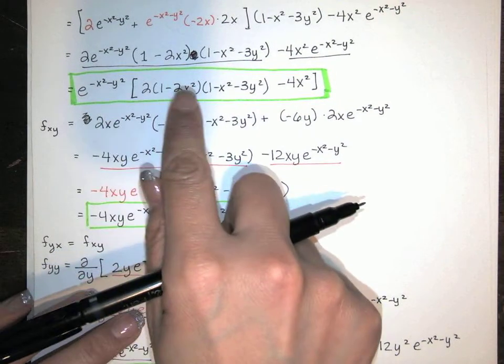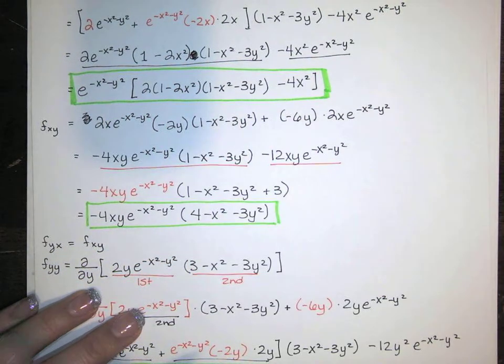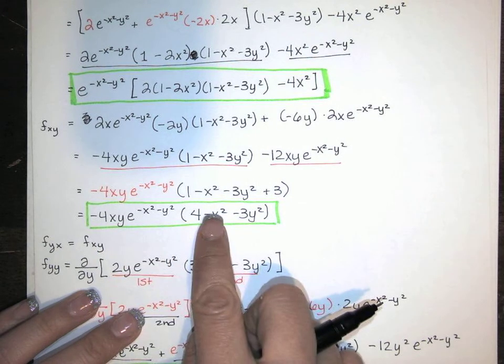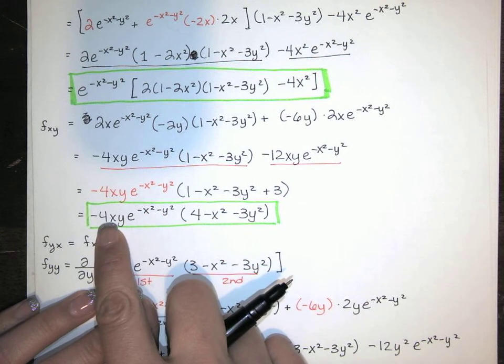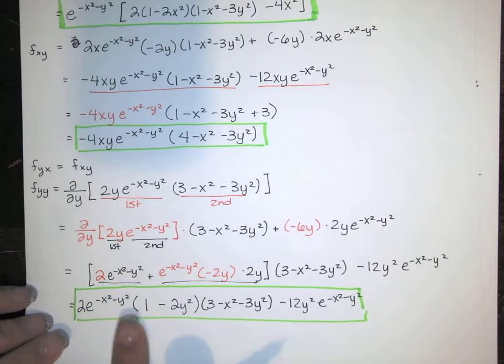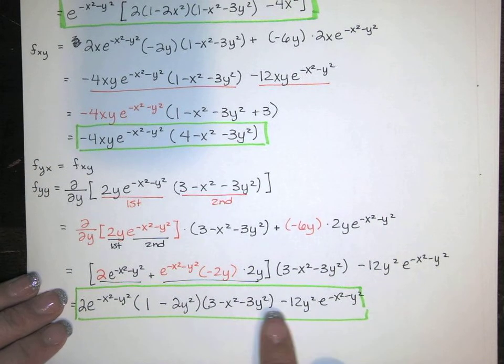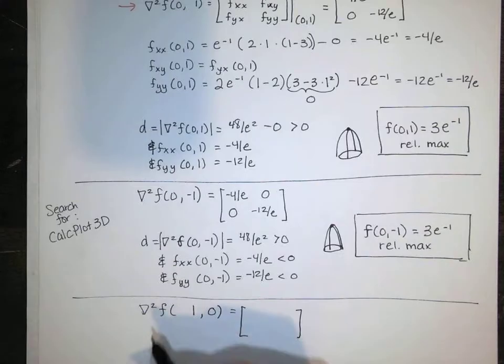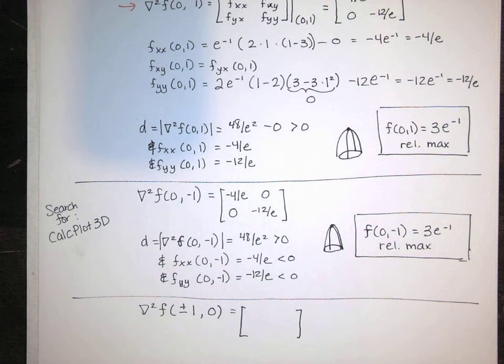Are all the x's squared? Yeah. Are all the x's squared here? Well, these ones aren't squared, but we're about to plug in y equals 0, so it doesn't matter. Are all the x's squared down here? Yes. So I think we can evaluate this at plus and minus 1 at the same time. So x is plus and minus 1 and y is 0. Let's see what those partials are.